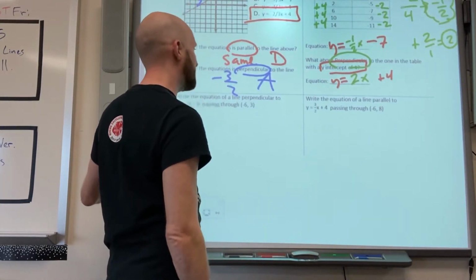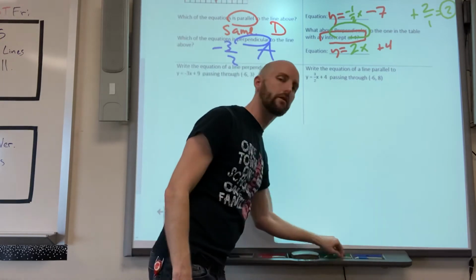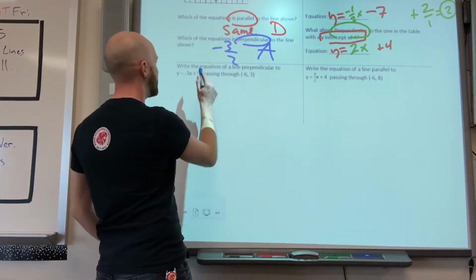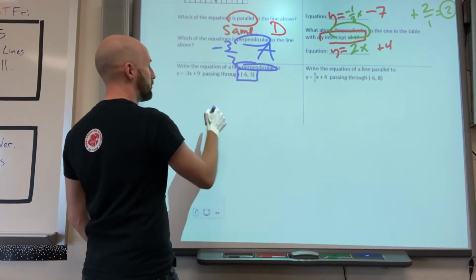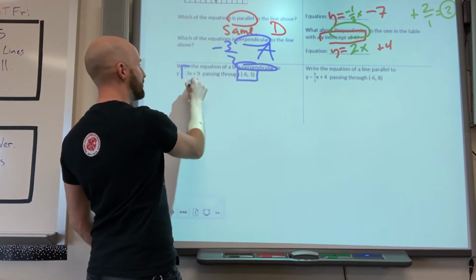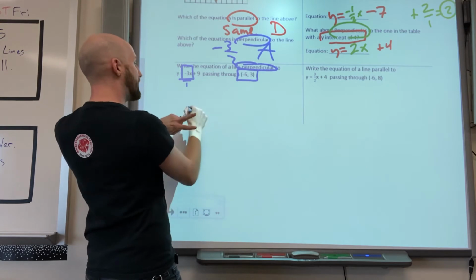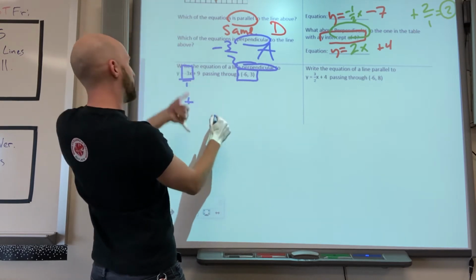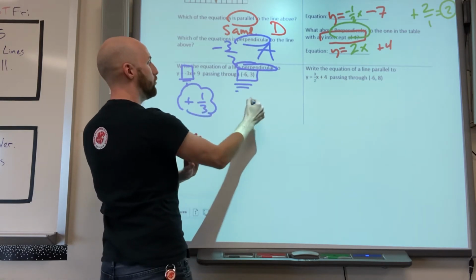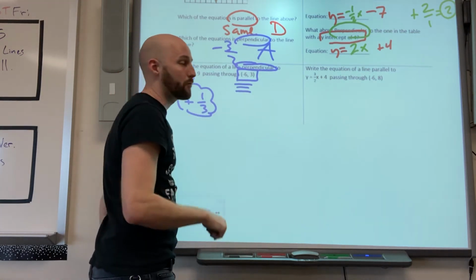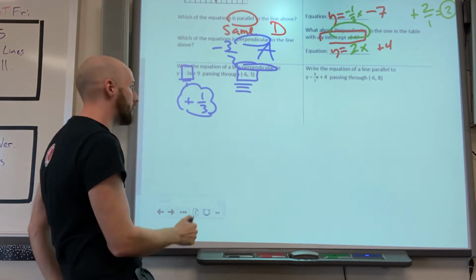Okay, un poquito más difícil, okay, a little bit more difficult. This one says, give me perpendicular and this point. So perpendicular, if this is -3/1, I need positive 1/3. So este slope, este punto, ya sabemos cómo. Okay, this slope and this point, we know how to do it.